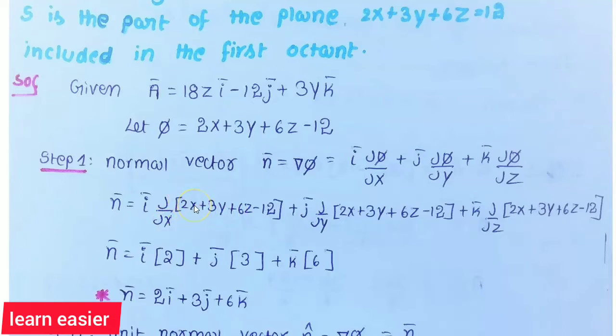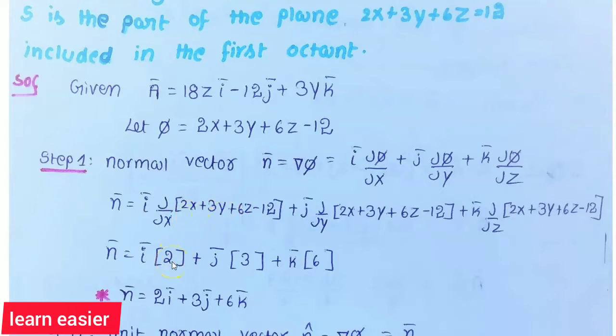The first term contains x, so the derivative of 2x is 2, and the remaining terms become 0 because y and z are treated as constants, so 2 plus 0 is 2.